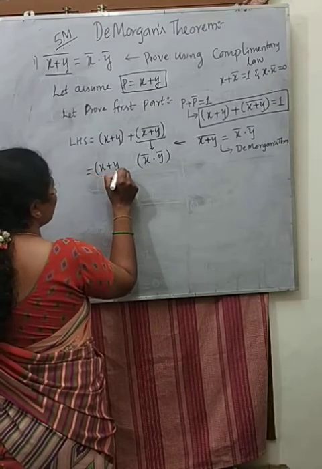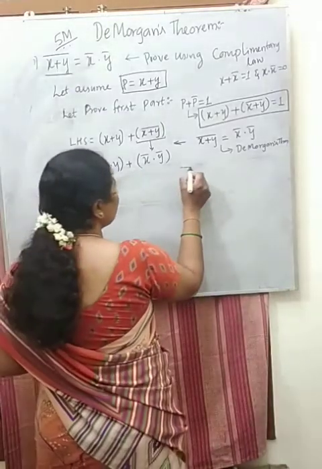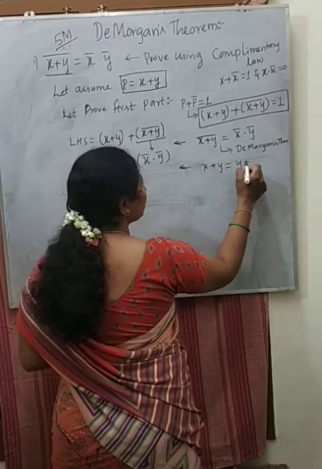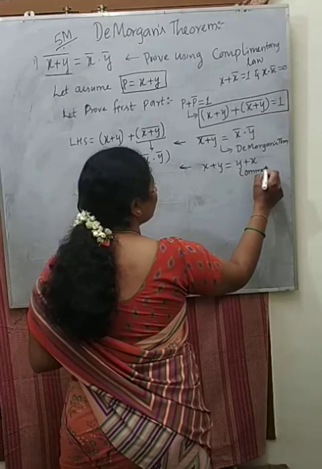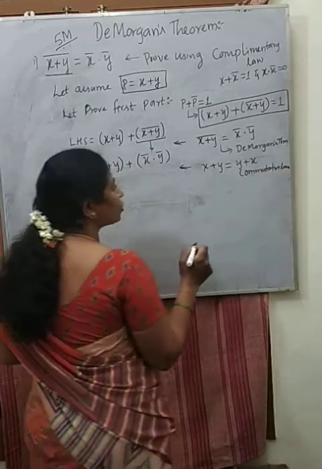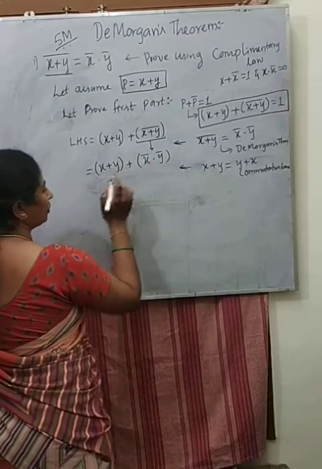X plus y plus. Do you remember, your x plus y can be written as y plus x according to your commutative law? Commutative law. According to the commutative law, I can replace these two.